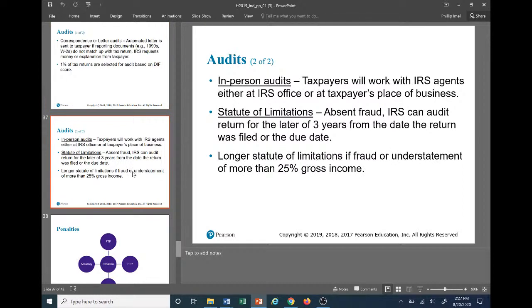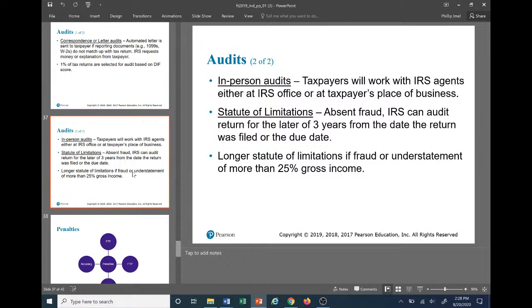All right, let's talk about in-person audits. In an office audit, the taxpayer is going to be asked to bring documentation to the IRS office. The reason for the visit is they want the taxpayer to substantiate their income, deductions, and credit items on the return. So they're really wanting a more in-depth explanation of how they ended up with their taxes due or tax refund.